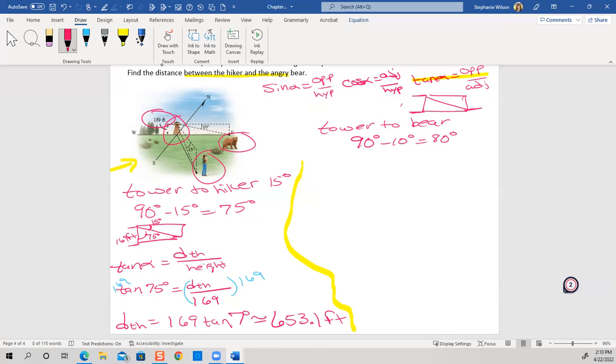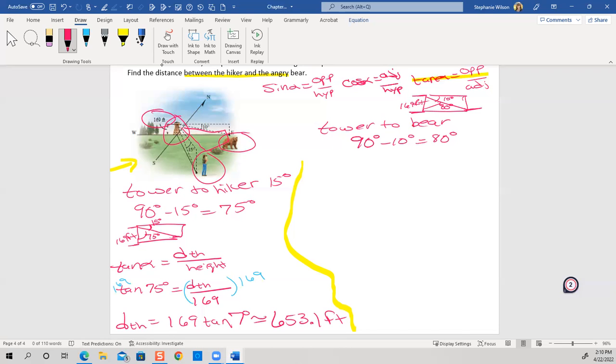And that height is still 169 feet. And we got an angle of 10 degrees. We got the 80 degrees. Actually, it would be flipped. Yeah, no, that looks right. Because if you look at this picture here, can you see it? Right here, me drawing on it. There we go. That's what we're looking at here.